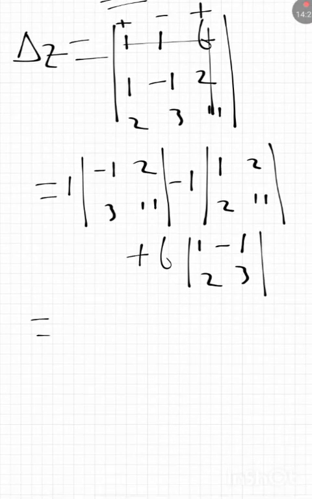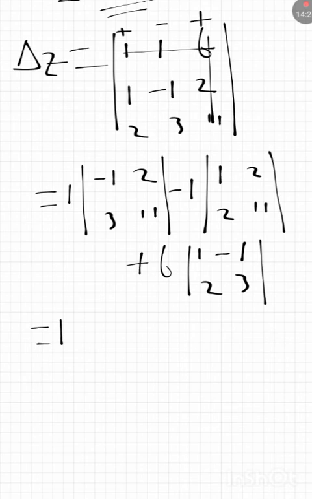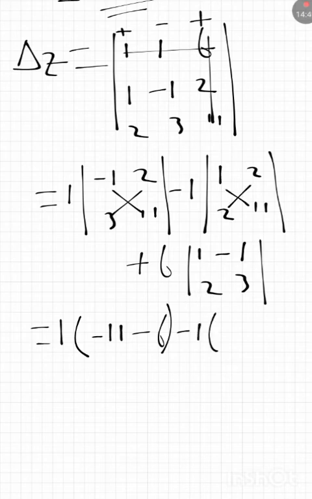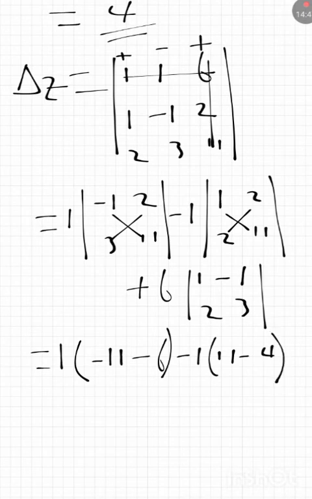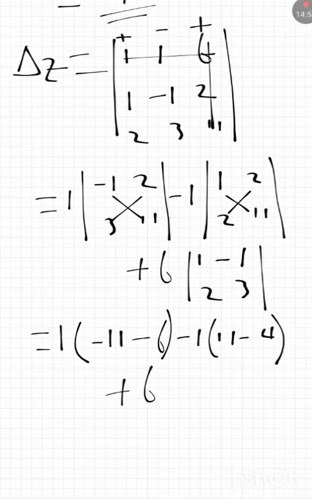So let's now multiply. This is 1 into bracket, product of the first diagonal minus the product of the second diagonal, minus 11, minus 6. And I have minus 1 into bracket, this minus this. That's 11 minus 4. Then I have plus 6 into bracket, this minus this.